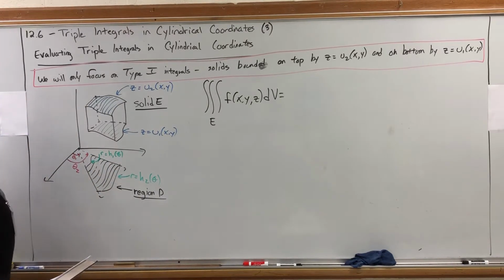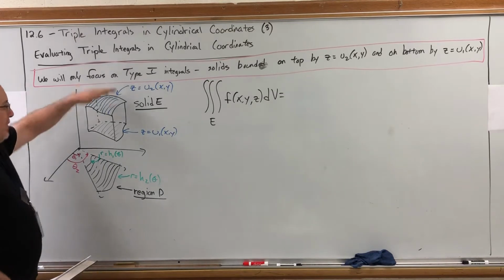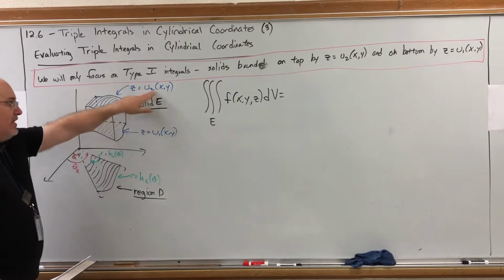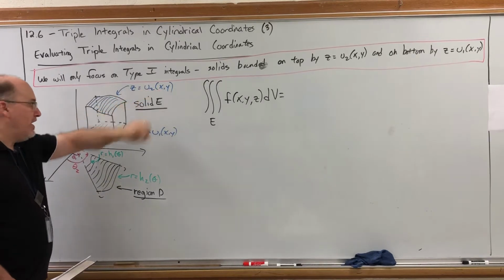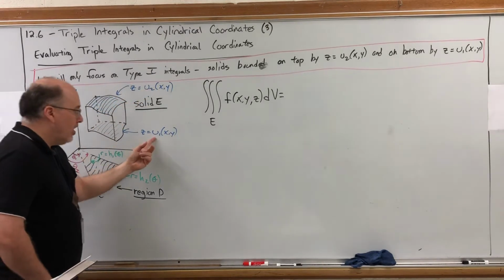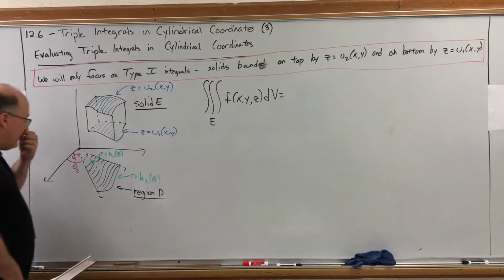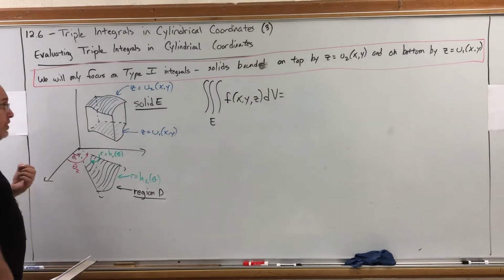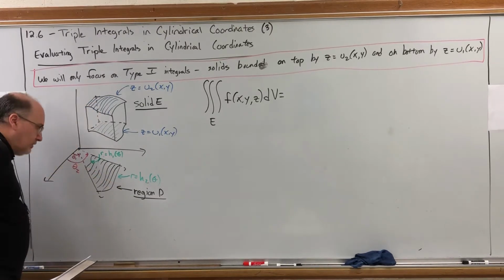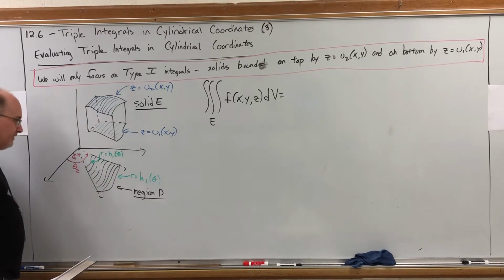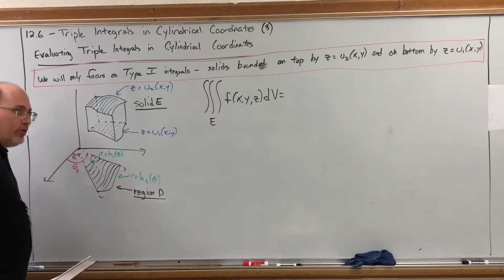All right, so we're going to look at solids that are bound on top and bottom by functions of x and y. As before, we'll call the top function u2 of x, y and the bottom function u1 of x, y. And since we're talking cylindrical coordinates, which is polar in 2 dimensions, our region down in the xy plane will be defined in terms of polar coordinates.